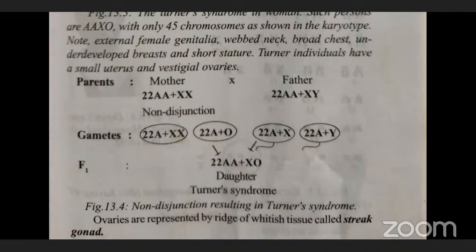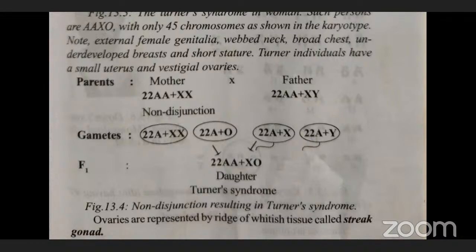During gamete formation, the allosomes are segregated into haploid gametes, and then fertilization takes place. At that time you get 22AA plus XX, or 22AA plus XO. Clear? Again, I repeat.